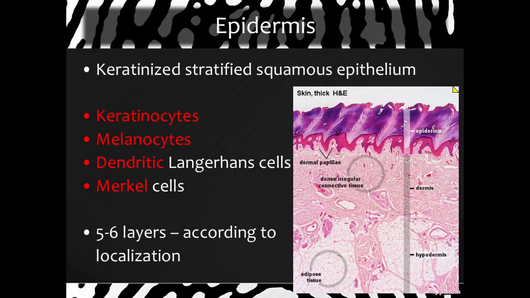They have numerous neurosecretory granules, but mostly they serve as a tactile cell, as a mechanoreceptor in cooperation with the afferent neuron of a somatosensory nerve. We will talk about it later. So these are the four most common types of cells in the epidermis.